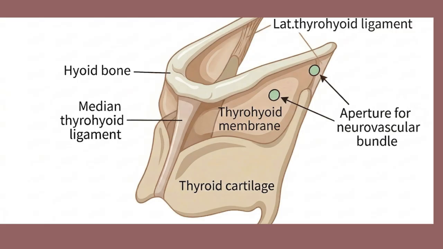This is a necessity to avoid the aspiration of the food while eating. The arrangement of the extrinsic muscles of the larynx is such that there are suprahyoid muscles which lift the larynx up, and then there are the infrahyoid muscles which pull the larynx down.